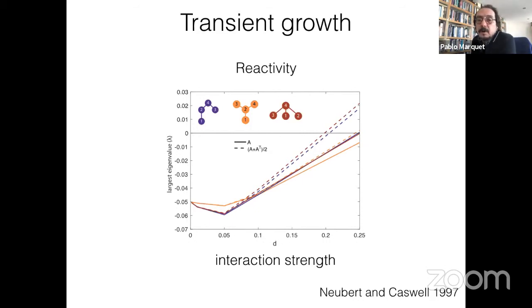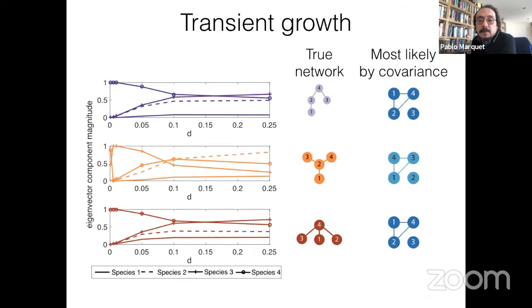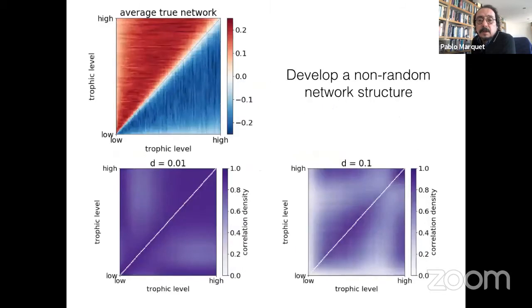So transients grow, and let me show you. This is the same thing, just for different species on the eigenvector associated to the eigenvalue. But let me show you here some of what actually is going on. So this is a true network. Here is a larger experiment, for 100 components.